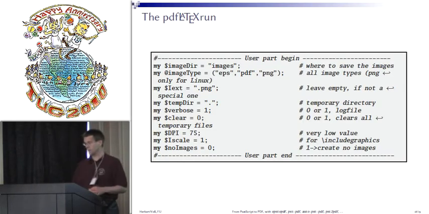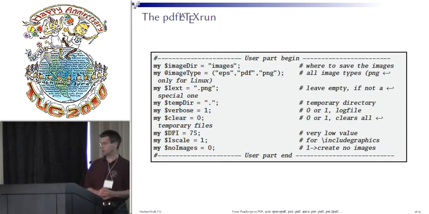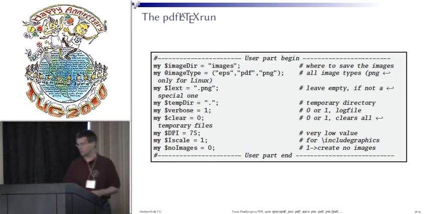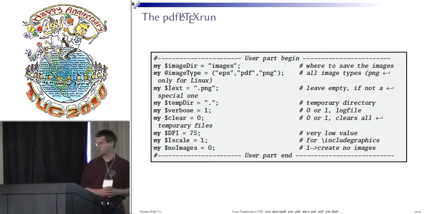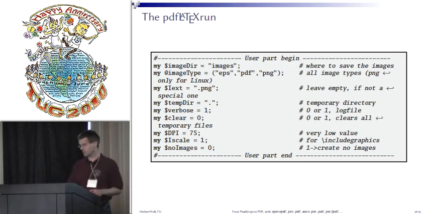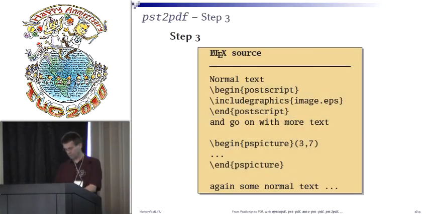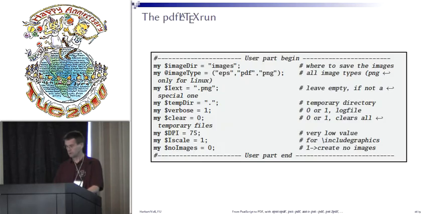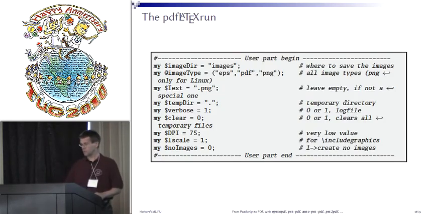These are the optional arguments for the Perl program pst2pdf. You can use the image directory, the image types. PNG is only possible for Linux. You can say what extension should be used for the images. In this case, PNG.